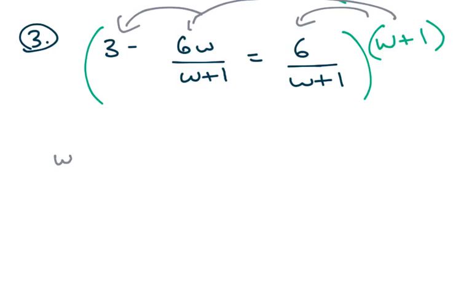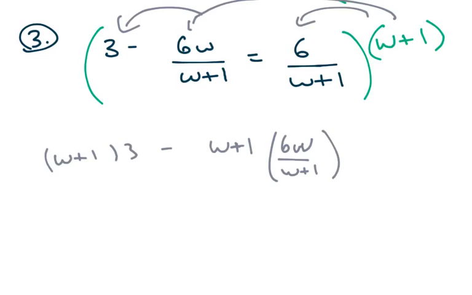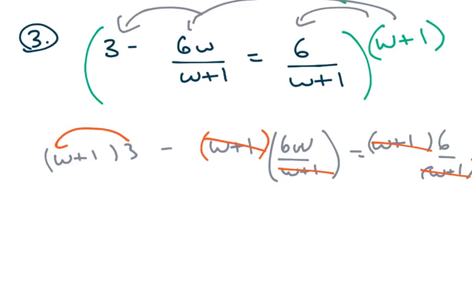We're going to get w plus 1 times 3 minus w plus 1 times 6w over w plus 1 equals w plus 1 times 6 times w plus 1. Alright, so why do we do this, of course? So that the w plus 1's will cancel out.